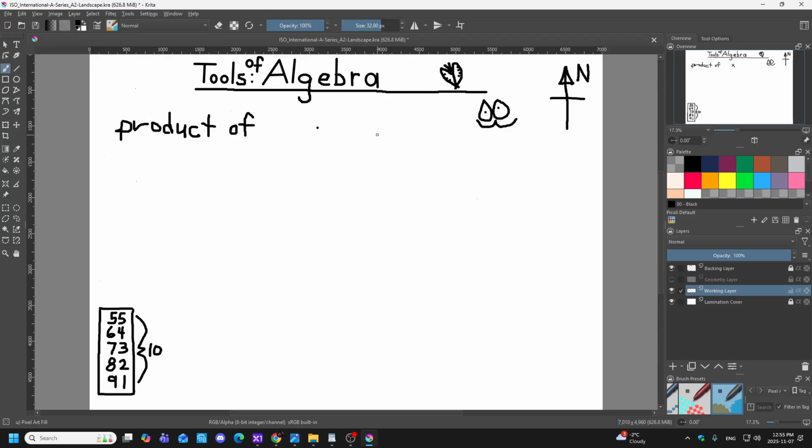I guess I could write it like this, or I could write it like that. The product of 7 and m to the 5th power. Okay, so the product is 7, so we'll write 7 down. And m to the 5th power.